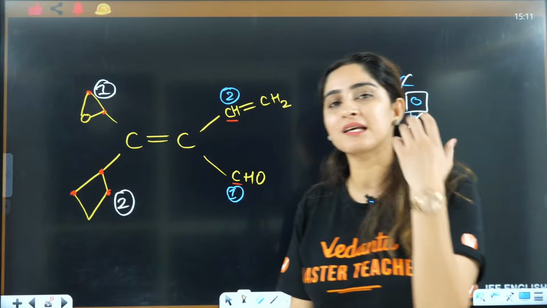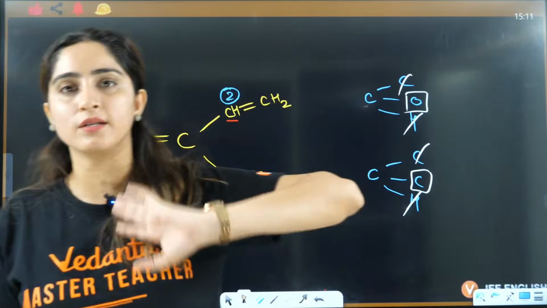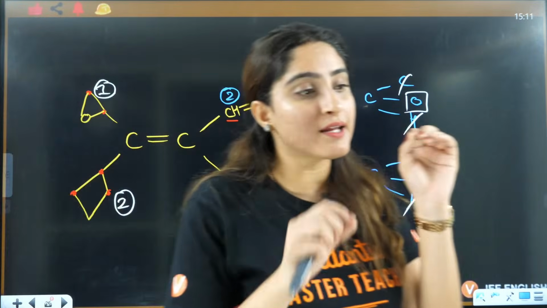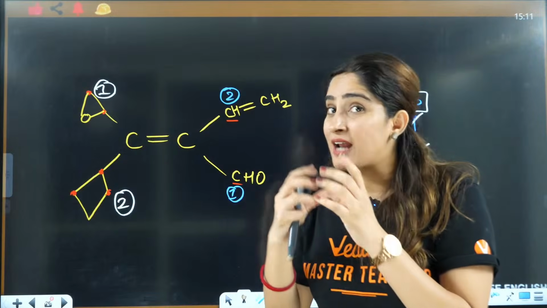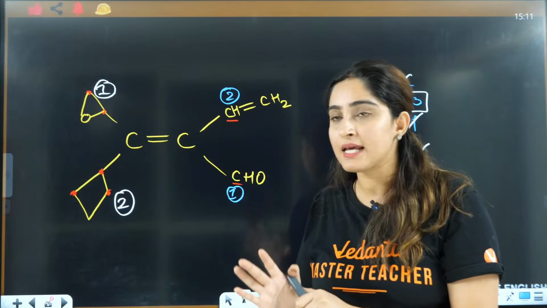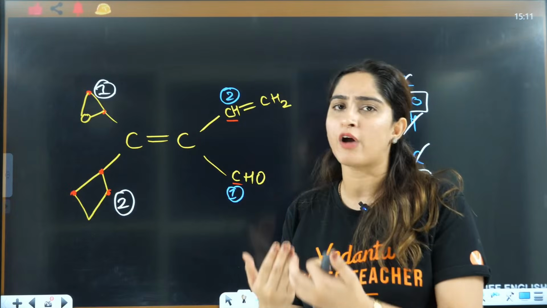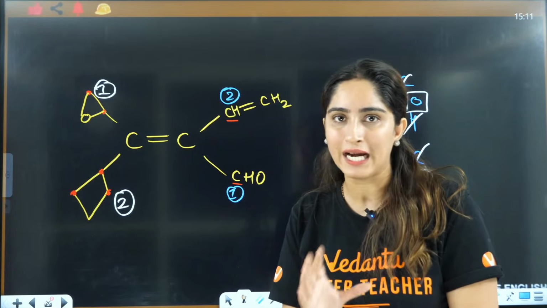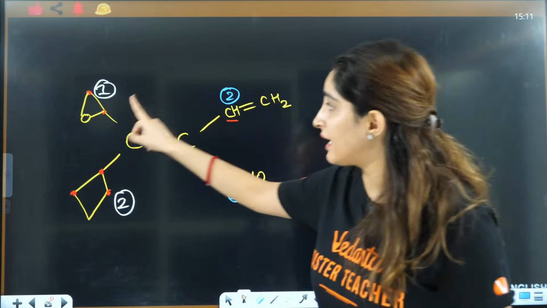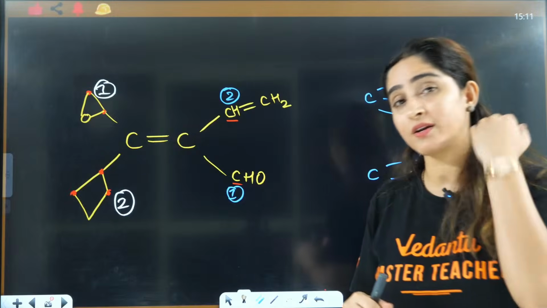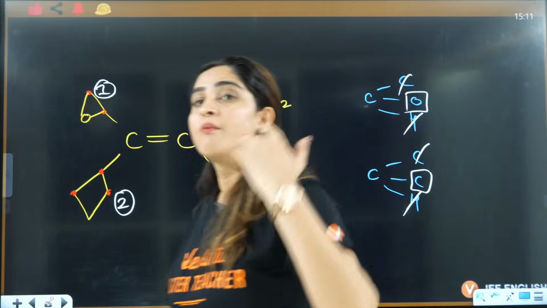So don't just cram that more the number of carbons, more the priority, no, right? You have to see whether there is some oxygen or nitrogen also there. Yes, if there is no oxygen or nitrogen, then you can say more the number of carbons, more will be the priority of that ring. But if in that ring you have any oxygen or nitrogen, then that will have more priority.